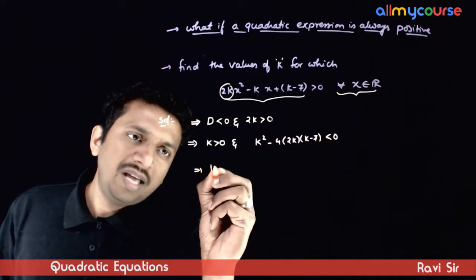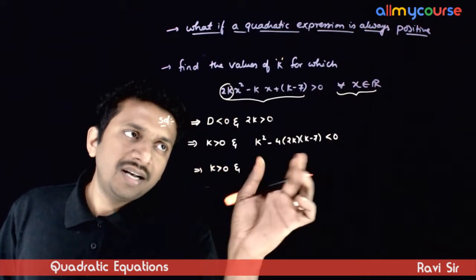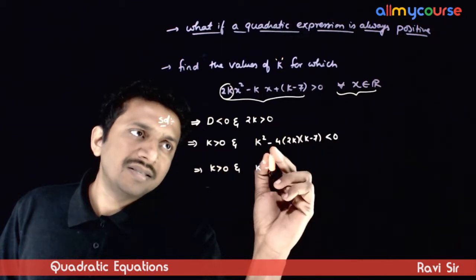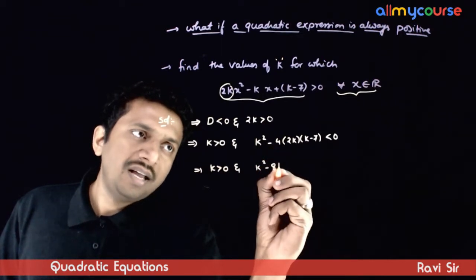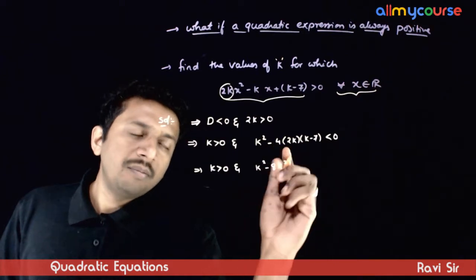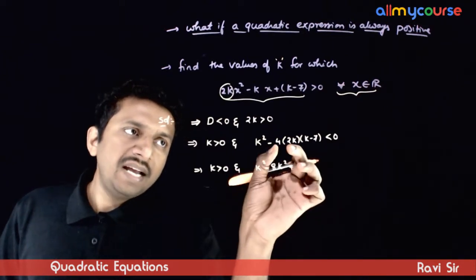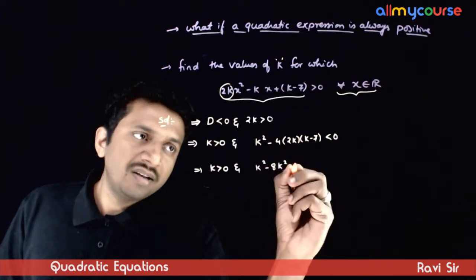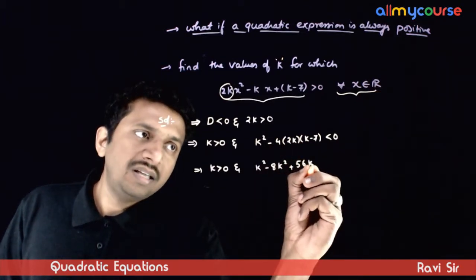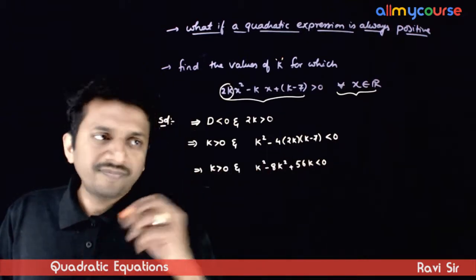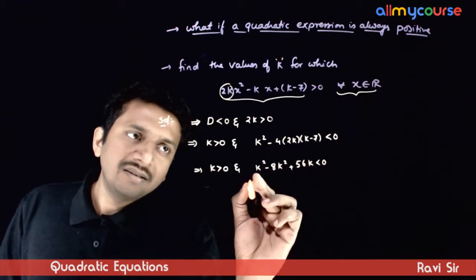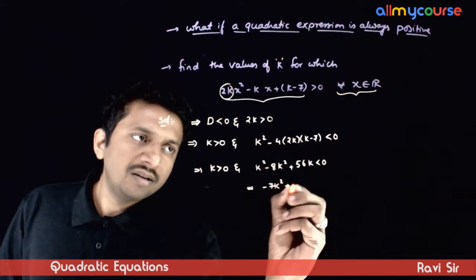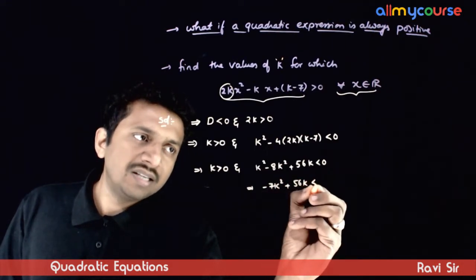So k is greater than 0, and let us try to simplify this. k² - 8k² is -7k², plus 56k is less than 0.